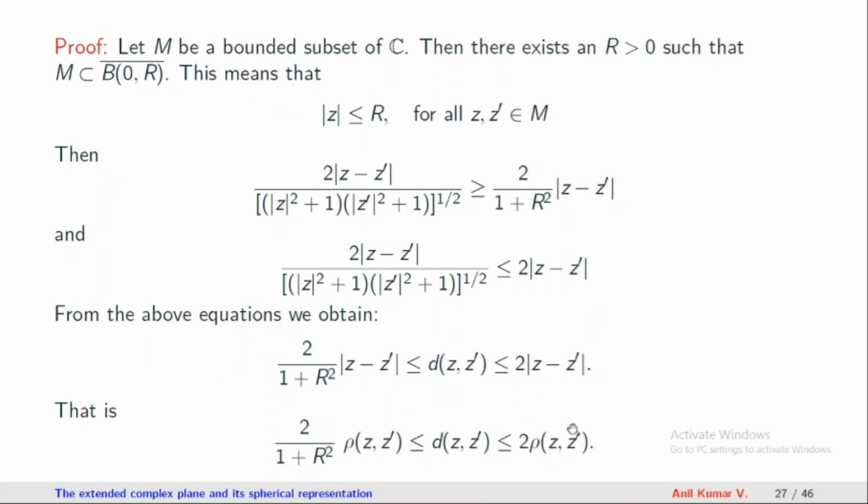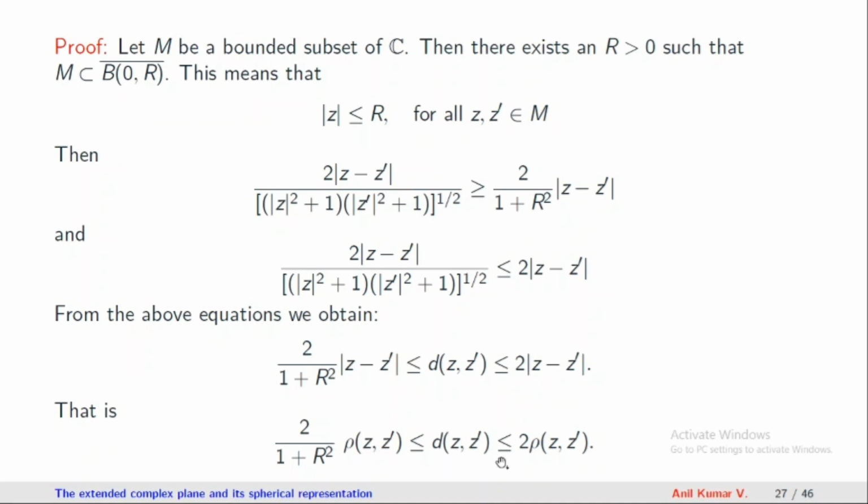Here rho is the usual metric on C and d is the spherical metric on C infinity. So this inequality shows that on a bounded subset of C, the metrics rho and d are equivalent.